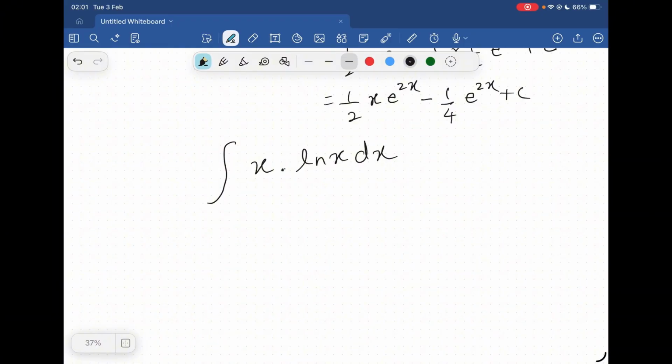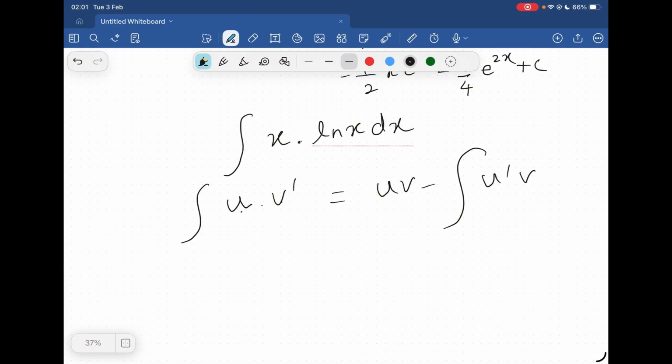Simple. And I told you, when you are choosing u and v, you should remember that the integral of u v prime is equal to uv minus the integral of u prime v. So now we have to choose which is our u and which is our v prime. I told you, whichever is easier for you to integrate, you take that one as v prime.